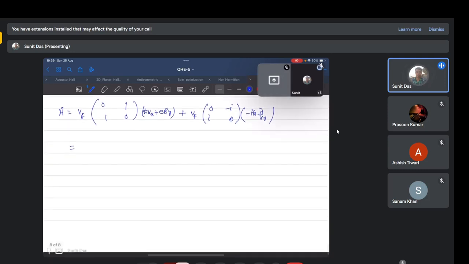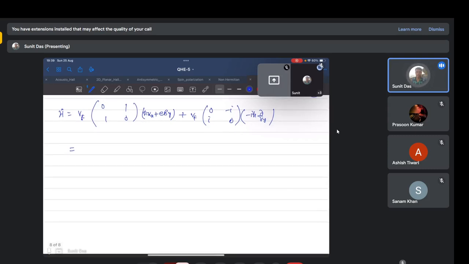And if we just do the matrix addition, then it will turn out to be eBy plus h bar kx, minus, so Vf is there, and h bar del y.